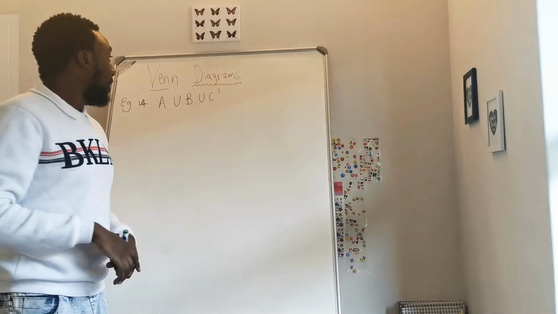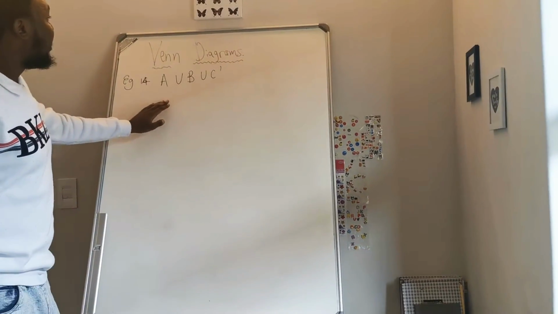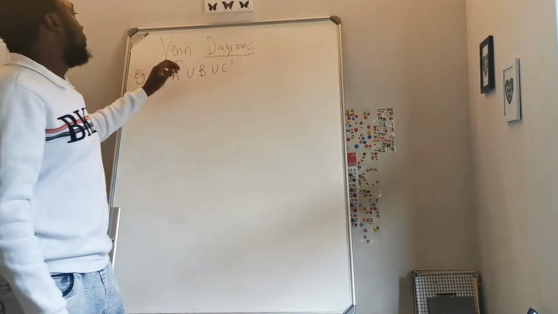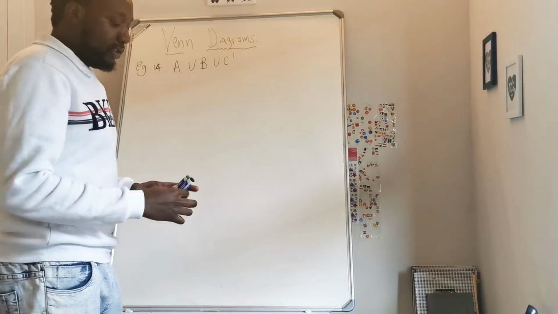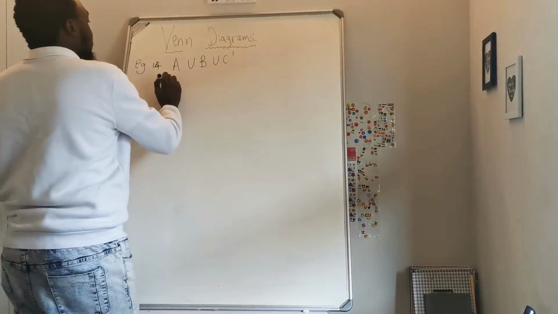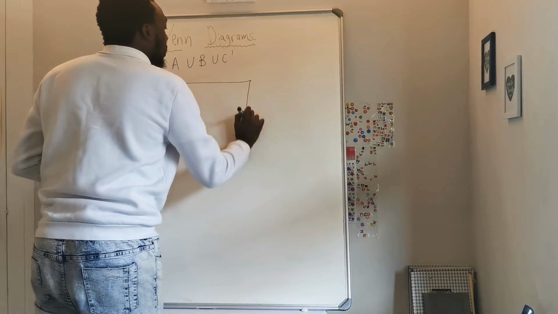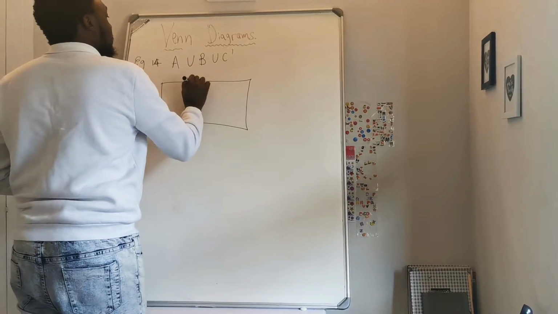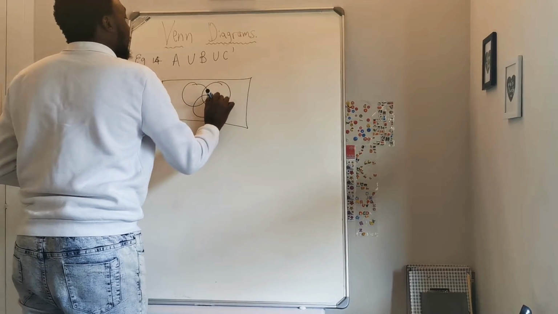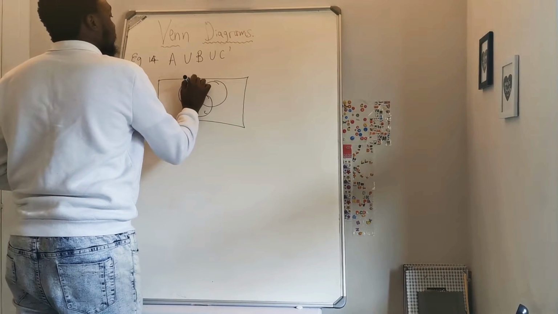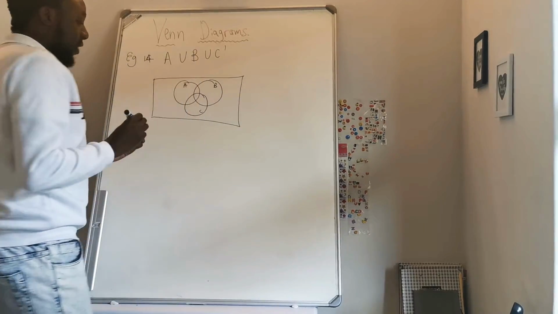Number 14 asks us to draw A union with B union with the complement of C. So how do you go about doing this? You draw your events first, A and B and then C, right?